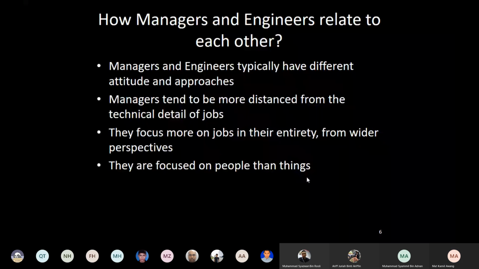That is the engineer's point of view. So you have these different views, and how managers and engineers work with each other for the betterment of the company and for the people.